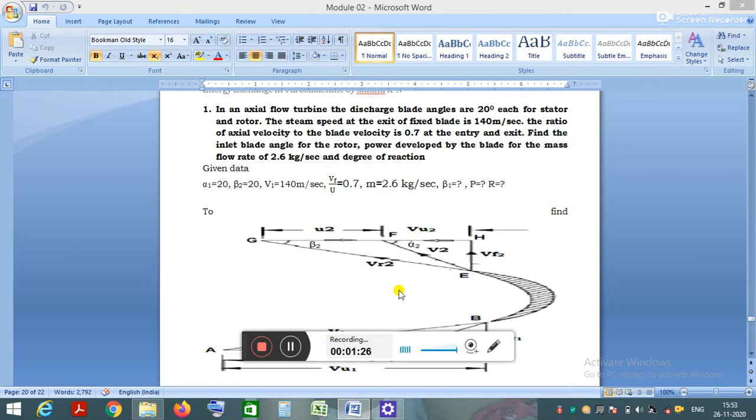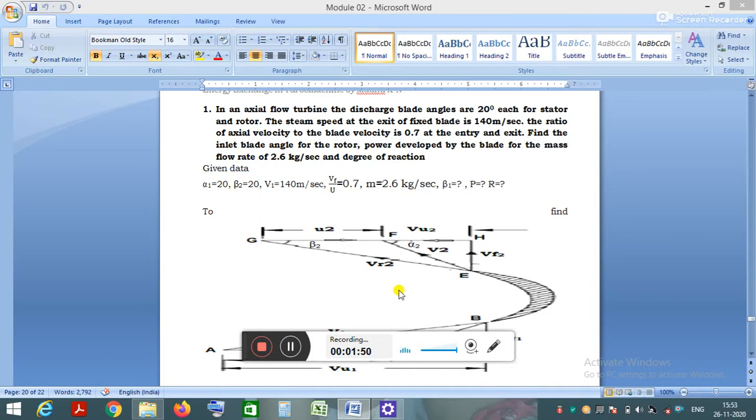What is axial flow? When the fluid flows parallel to the axis of rotation of the shaft, when the fluid enters and leaves, that type of turbine is called an axial flow turbine. Here the flow of fluid takes place parallel to the rotation of shaft.